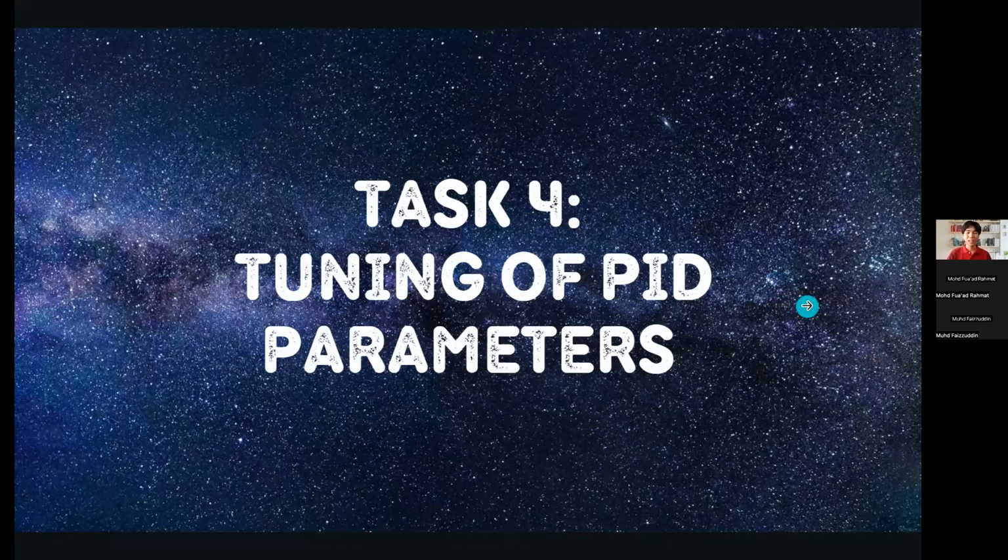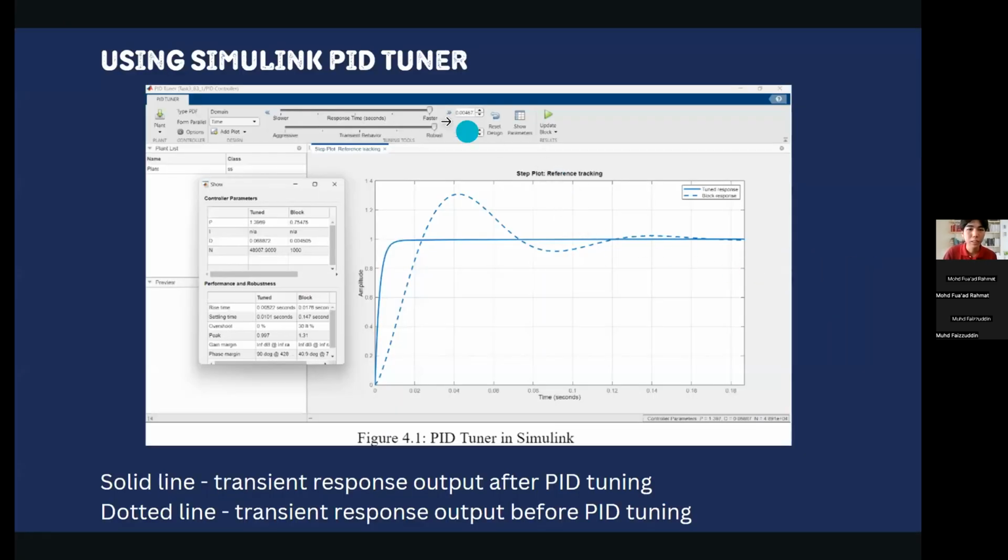My part is tuning of PID parameters. PID tuning is to adjust the parameters of the PID controller to achieve the optimal performance of the system. We're using the Simulink PID tuner for this part.